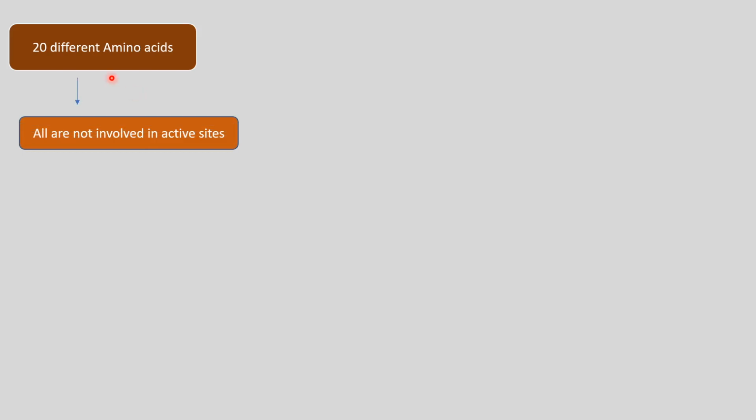So now, I hope you all know that there are 20 different kinds of amino acids, and all these amino acids help in making the proteins, right? Though there are 20 different types of amino acids, not all of these are involved in the formation of active sites. We already discussed that active sites are made up of certain amino acids, but not all of these 20 amino acids get involved in the formation of the active site.